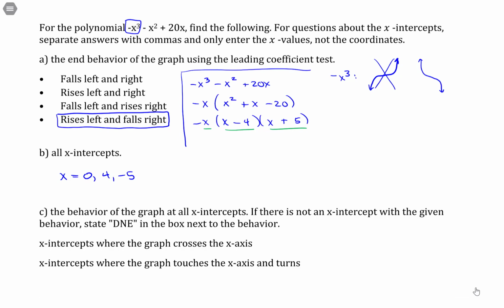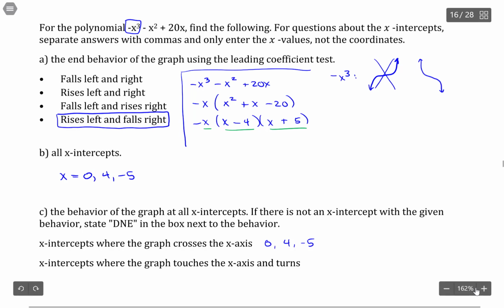So they're all exponent of 1, which means they're all multiplicity 1. So we list each of those zeros. The x-intercepts where the graph touches the axis and turns: for that to happen, we would have to have a multiplicity of 2, but we didn't have that in any of our zeros, so therefore that does not exist.